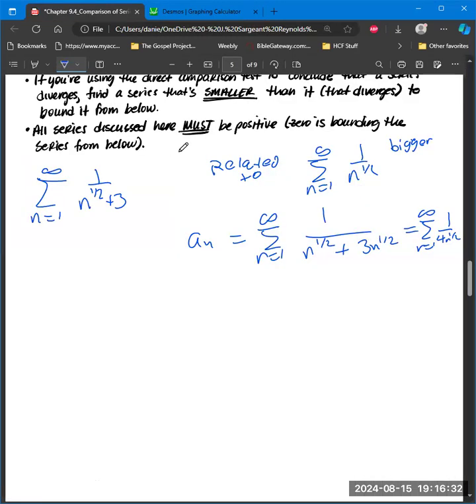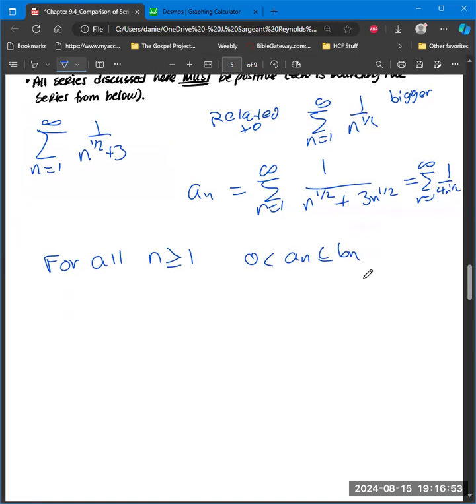So they may cross each other at n equals 1. That's okay. So for all n greater than or equal to 1, I've chosen an a_n that is positive and less than or equal to b_n. I've forced that to be true, and I know a_n diverges by the p-series test. P equals 1/2.